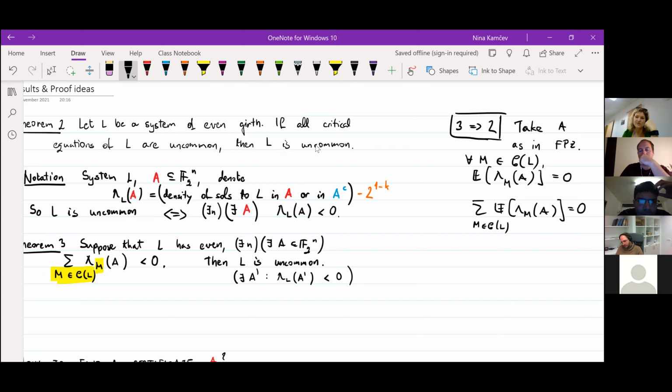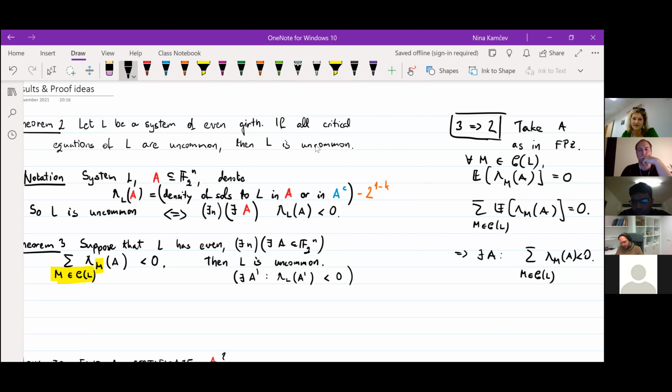And then you'll have this one positive point that is common to all the critical equations M, regardless of their coefficients, and therefore you find A such that the sum over the critical equations is 0.